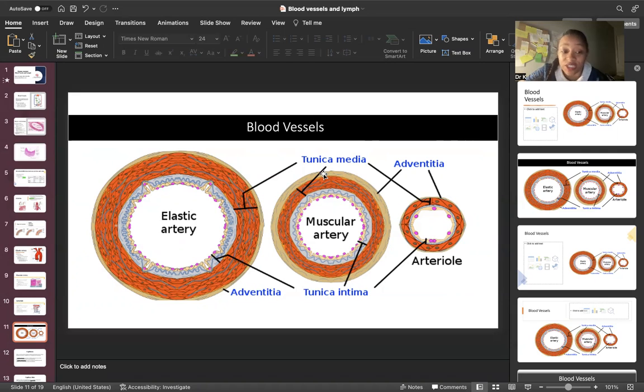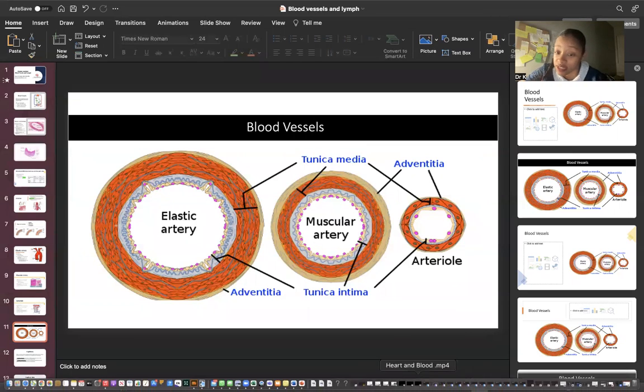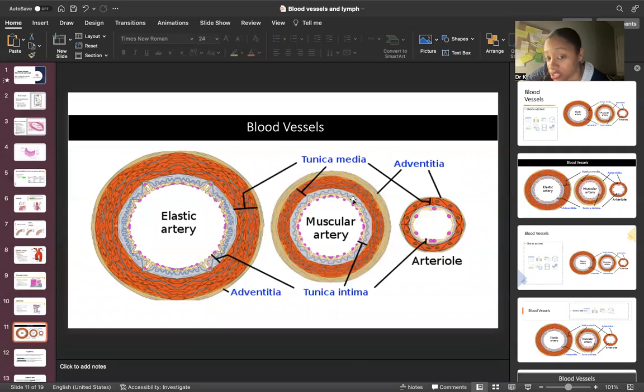They are largest in elastic arteries because of their ability to do recoil. This still exists in muscular arteries, and arterioles are going to branch off of the muscular arteries. Does that make sense? Okay, so just know that that is the case.